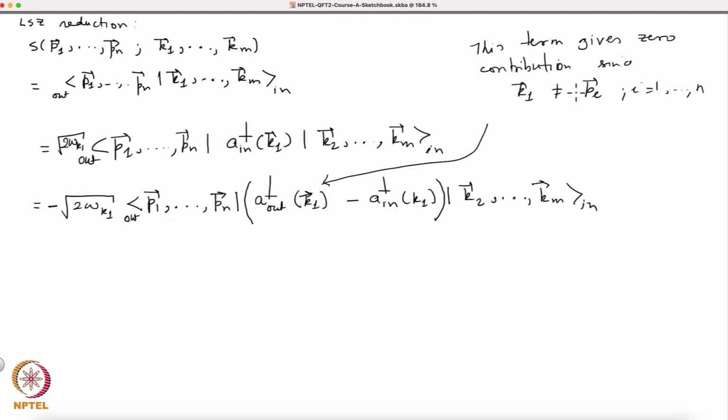The reason being that we are assuming that all the particles scatter, none of these particles remain unscattered, none of these labels remain unchanged. Okay, good.